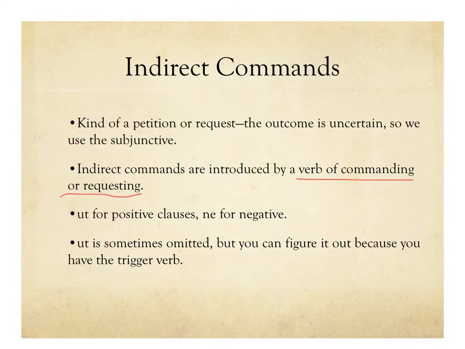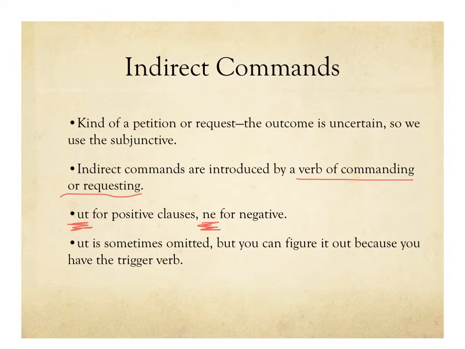Just like purpose clauses, we use ut for the positive and ne for the negative. So you might think you would get these confused, but you really won't, because when you see that verb that says I command, or he begs, or she requests, you're going to know that what you have coming up is an indirect command.